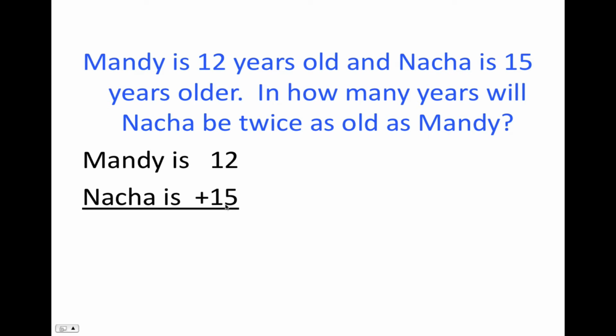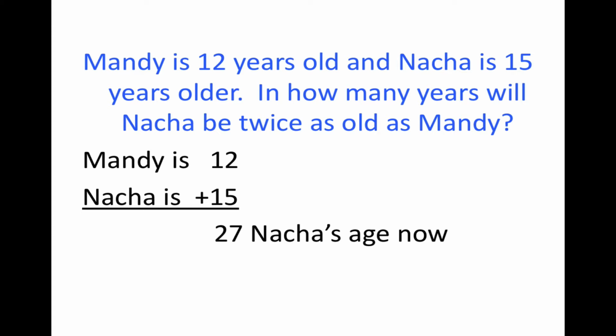What do you think we need to do to figure out how old Natcha is? Because we can't figure out when Natcha is going to be twice as old as Mandy unless we know how old she is right now. So we know that Mandy's 12, Natcha's 15 years older. So we just need to add 15 plus 12 and we get, I hope, 27. Okay, so Natcha is now 27.